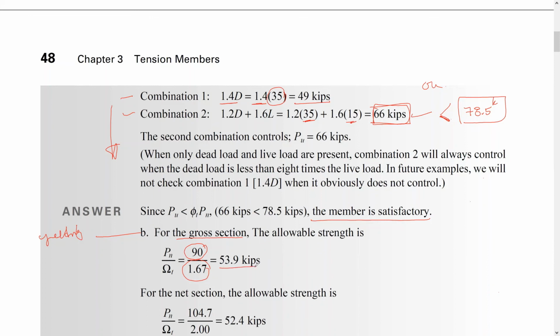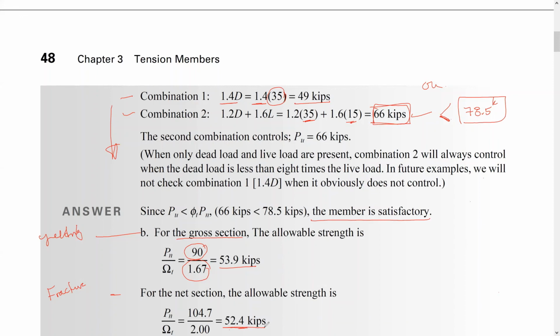So this is going to be 53.9 kips. For net section, or let's say fracture, the nominal strength based on fracture, which is 104, divided by 2 as a safety factor for fracture, and this one is going to be 52.4 kip.